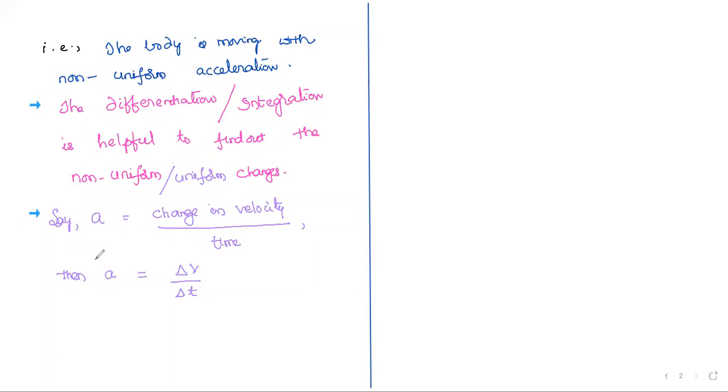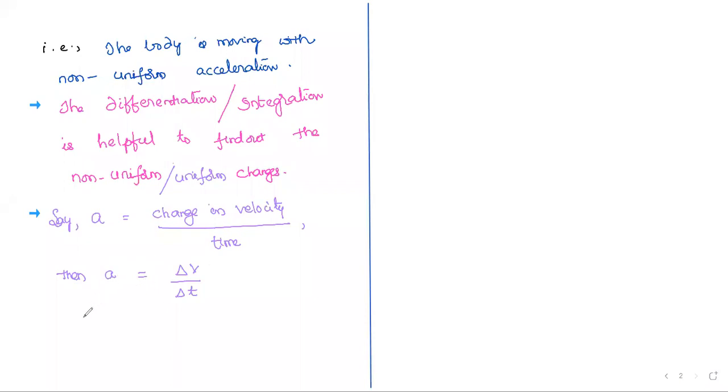I think you know this representation, am I right? Yes, if there are changes, we represent them with delta. Okay, good.